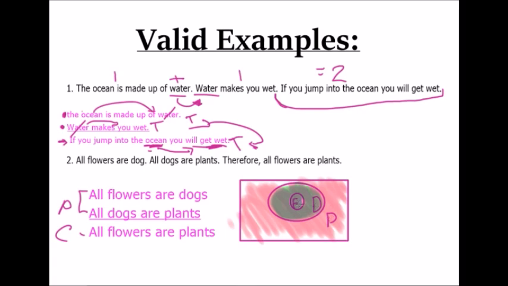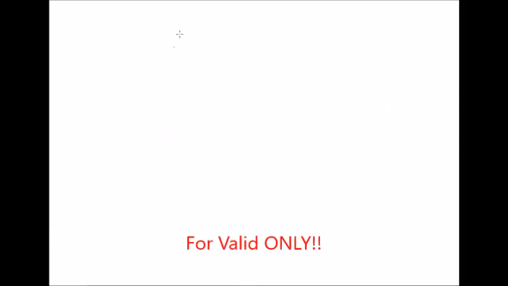All flowers are plants. Even though the two premises are completely false, as we know, the conclusion is still true. So, just to put out there, you could have all true premises and a true conclusion. You can have false premises and a true conclusion.